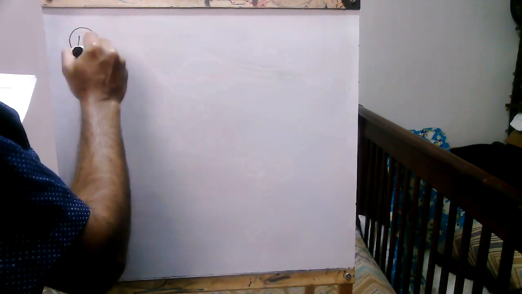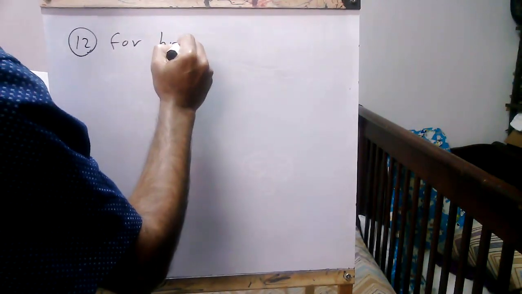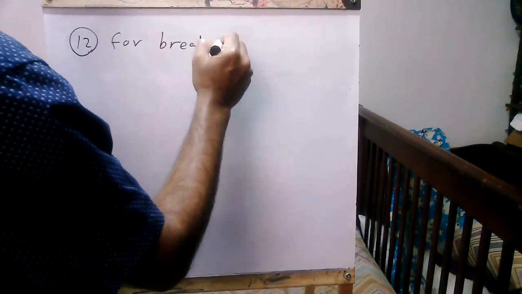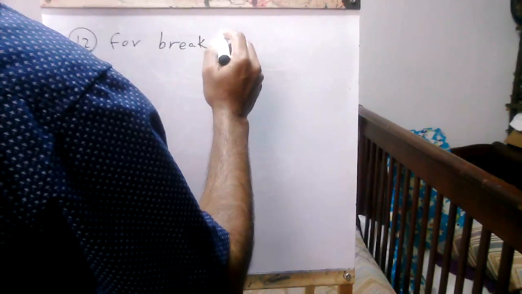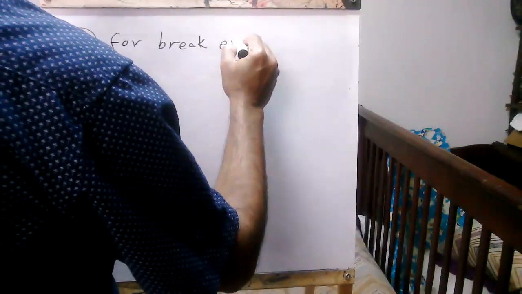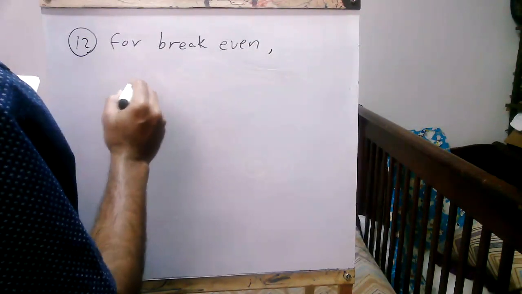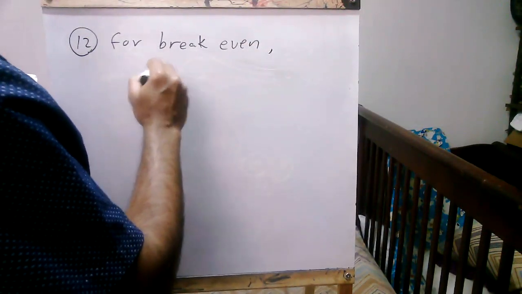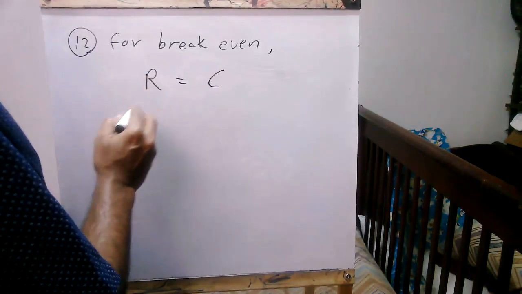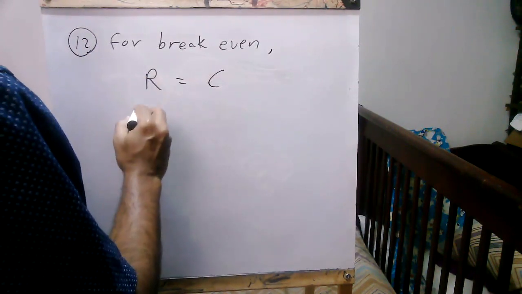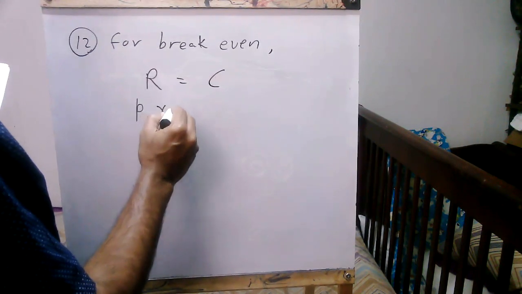Number 12. Break-even point. For break-even, revenue should be equal to the cost. Revenue we can write as price times number of items, x.